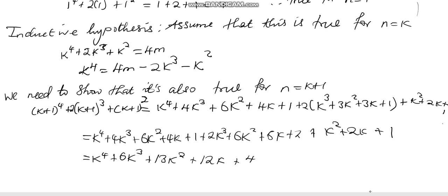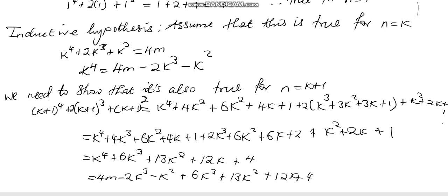Now from the second step, the inductive hypothesis, we say that k to the power 4 is equal to 4m minus 2k to the power 3 minus k squared. If we make that substitution, we have 4m minus 2k to the power 3 minus k squared plus 6k to the power 3 plus 13k squared plus 12k plus 4.